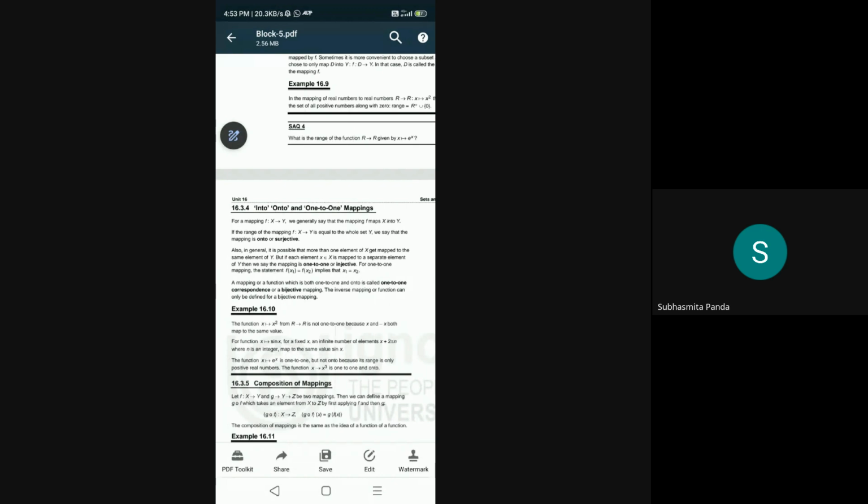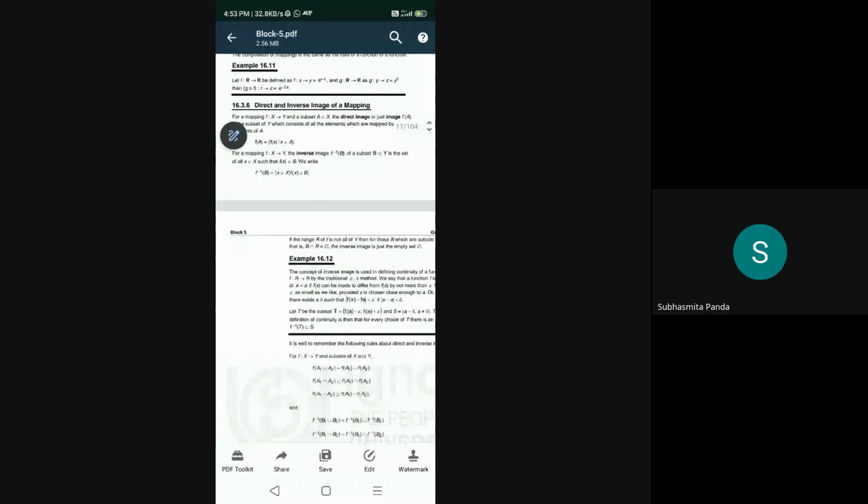And if each element x belonging to capital X is mapped to a separate element of Y, then we can say the mapping is one-to-one or injective. And a mapping or a function which is both one-to-one and onto is called one-to-one correspondence or a bijective mapping. The inverse mapping or a function can only be defined for a bijective mapping.